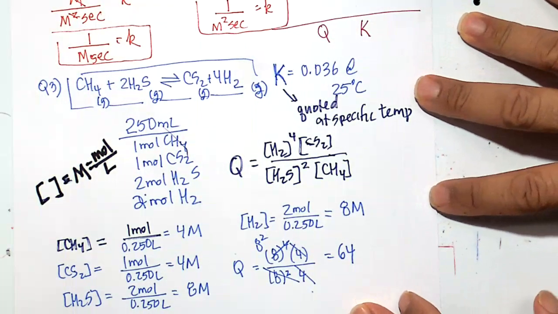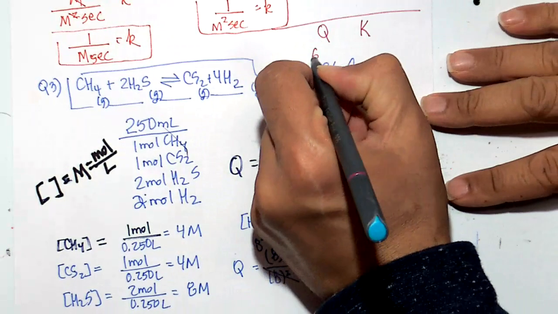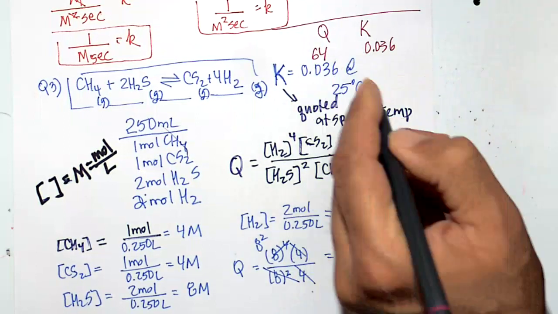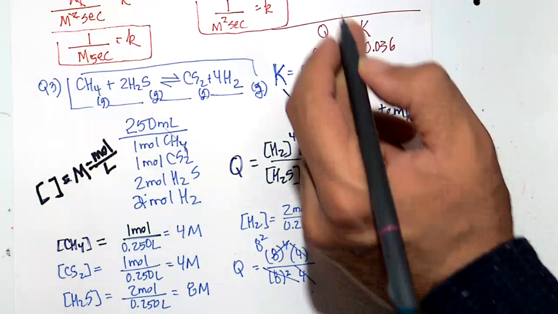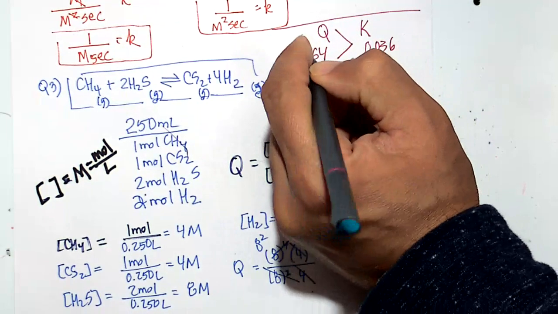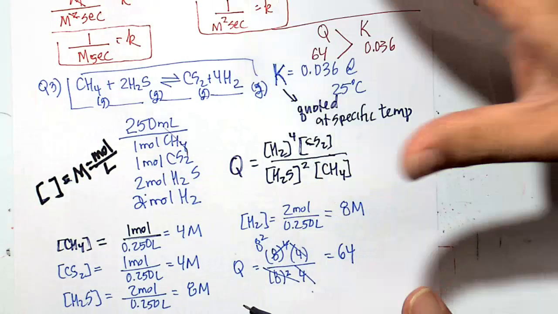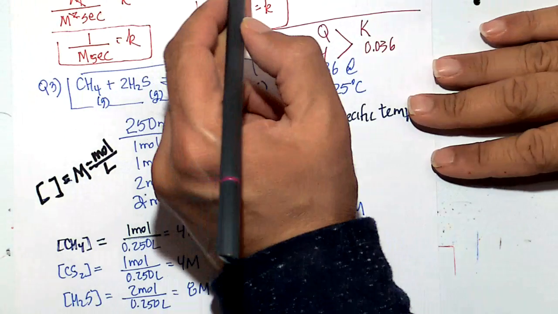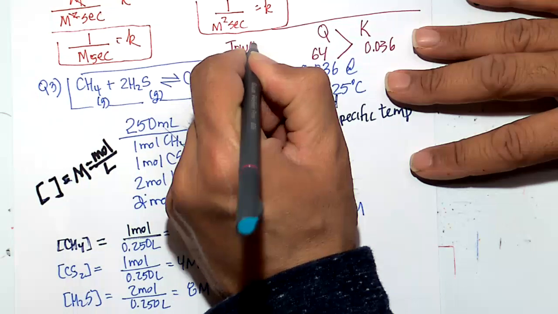K. So what is our Q? 64. What is our K? 0.036. Okay, which is bigger? Okay, which way will the reaction shift to get to equilibrium? Where do the alligator jaws point? Towards the reactant side. So this will be on your exam. Okay? Something like this.